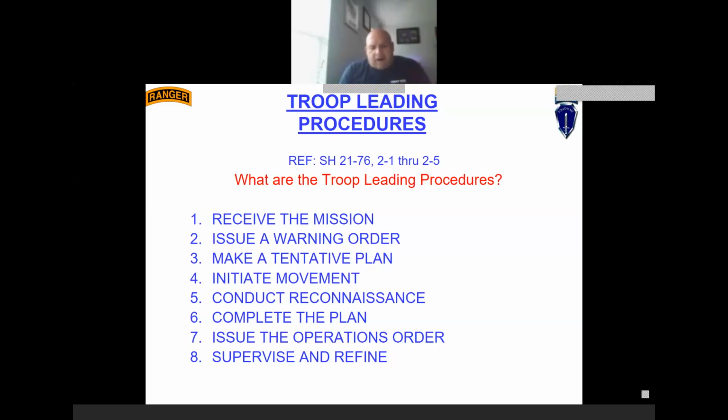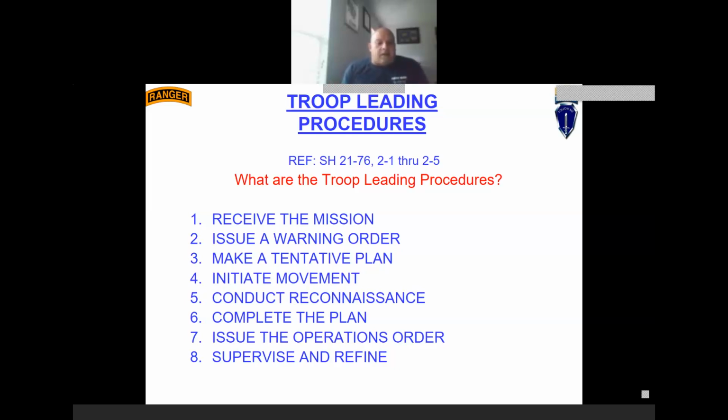And once you give me your op order, because the better warning order you have, the better op order you got. So if you do base planning, this warning order right here, this is what you're going to do when you're behind friendly lines and you've got the time to plan. This warning order is kind of what I'm teaching you guys right now.